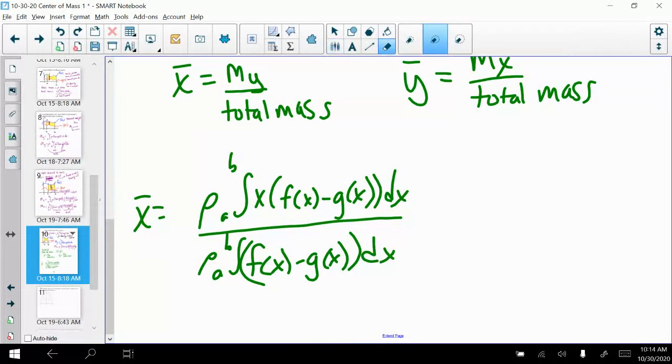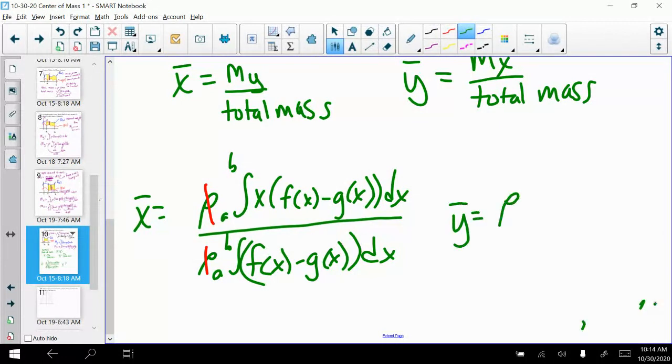Now, you can cancel the rhos, but nothing else cancels. That f of x minus g of x doesn't cancel because they're both inside the integral. So don't get over-aggressive with your canceling there.